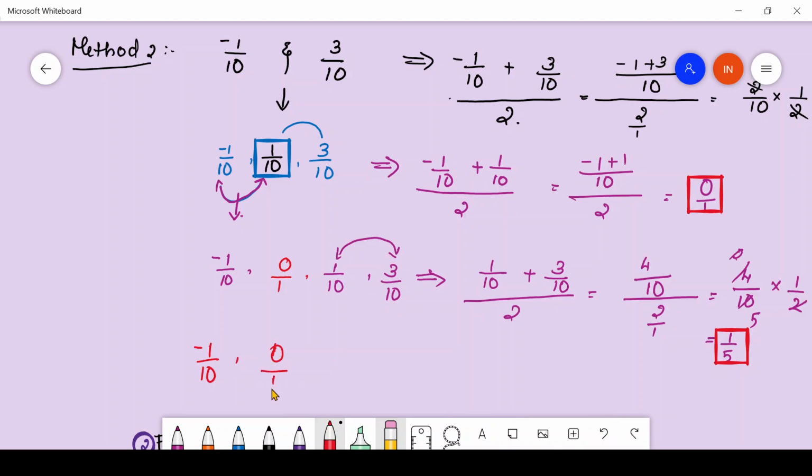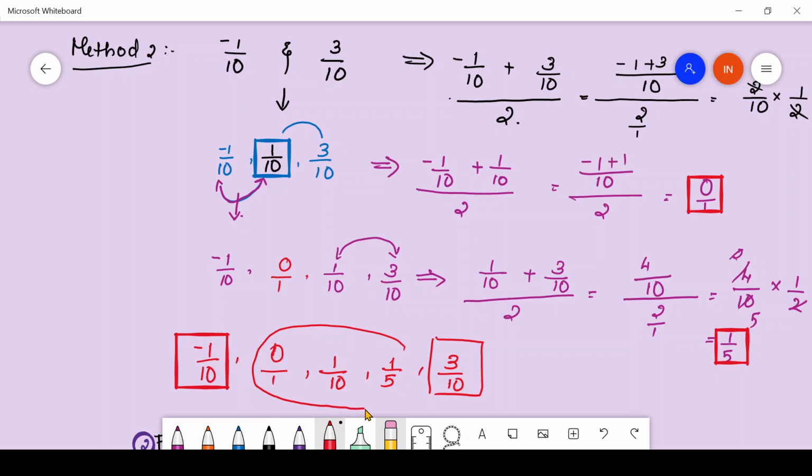I'm writing in order 0, then 1 by 10 we had. Now we just found out 1 by 5, and we had given 3 by 10. So between these two given rational numbers we found out now 3 rational numbers over here. So I hope it is clear how to find out the rational numbers. You can find out again more rational numbers by taking either of the two given rational numbers in this session.